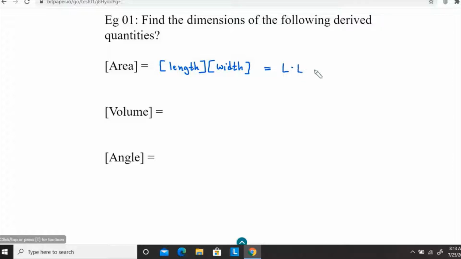So multiplied by L, you're going to get L squared. So length squared is the dimensions of area. That's the important thing. You always mention the symbol as well as the exponent. So length squared is the dimension of area.